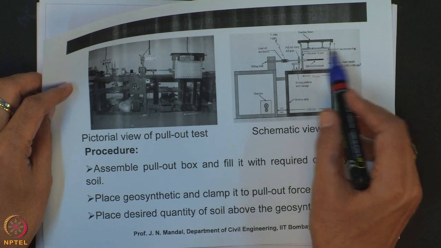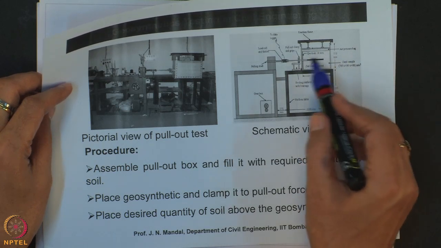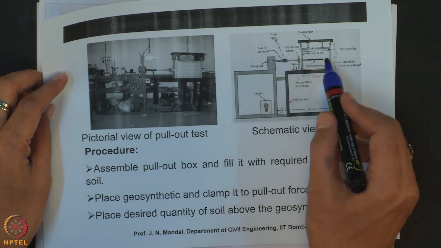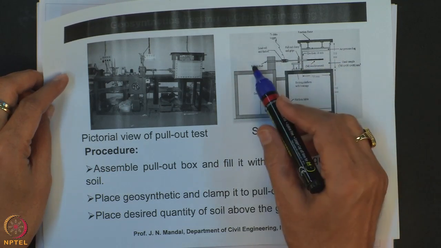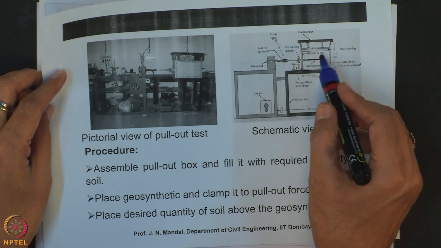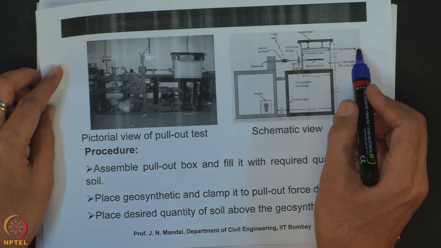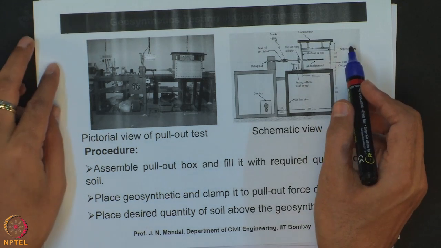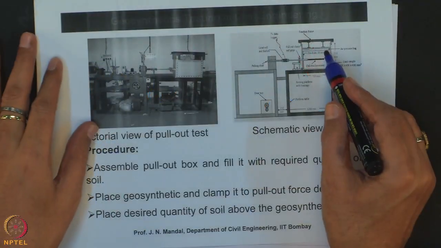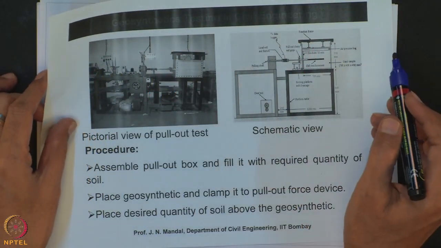The air bag is placed on the sample, and this is the geogrid material which is to be pulled out, and the load is applied on this. On the top of the sample you have to put an air pressure bag, because it is very important that the load is distributed symmetrically. So you have to provide the air bag here, then you pull it out.